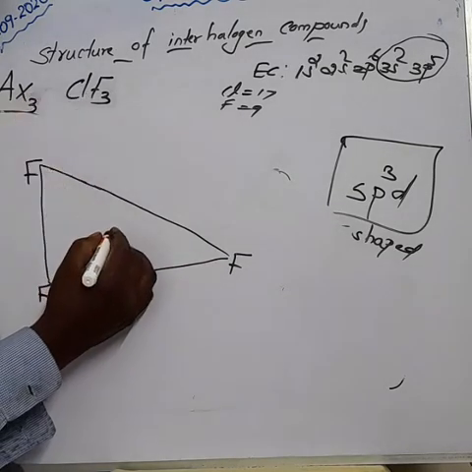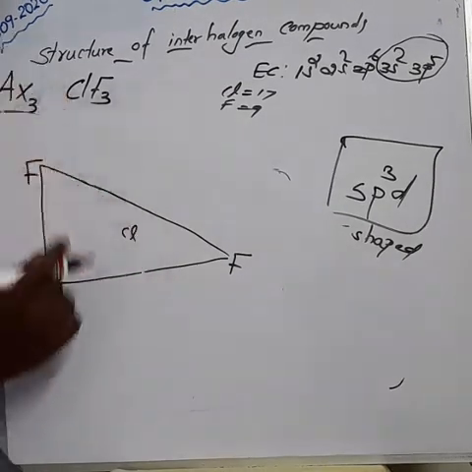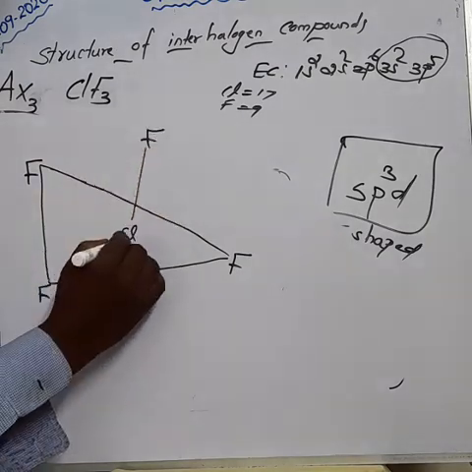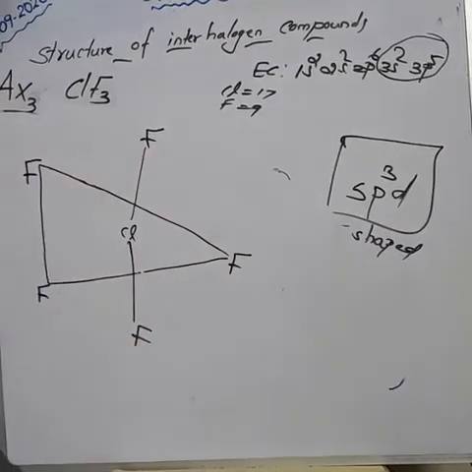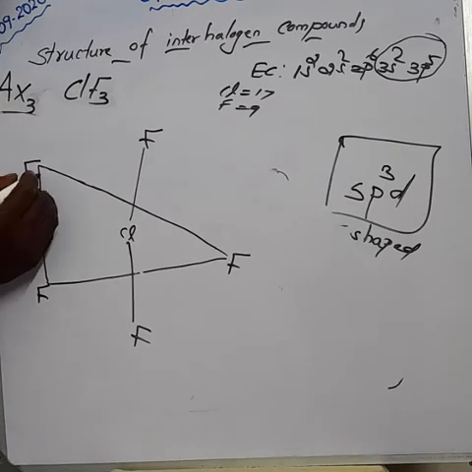This one can be written as chlorine, okay. Chlorine like that, can be written as next here fluorine. Can you draw? This is T-shaped, okay.